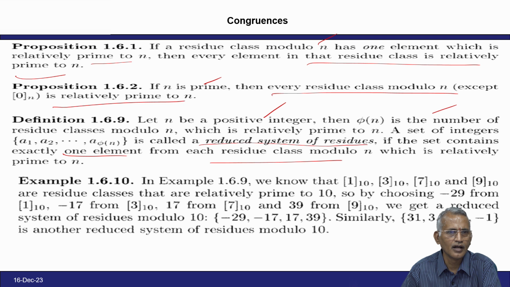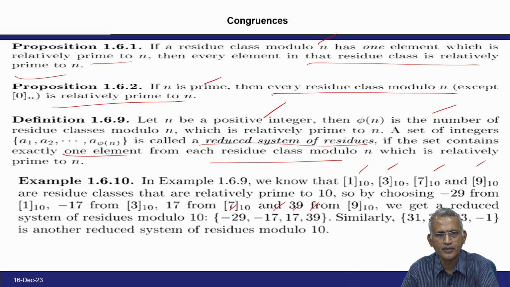For example, we have come across this: class 1, class 3, class 7, class 9 under modulo 10 are residue classes that are relatively prime to 10. So by choosing minus 29 from class 1 modulo 10, minus 17 from class 3, 17 from class 7, and 39 from class 9, we get a reduced system of residue classes of 10: minus 29, minus 17, 17, 39.